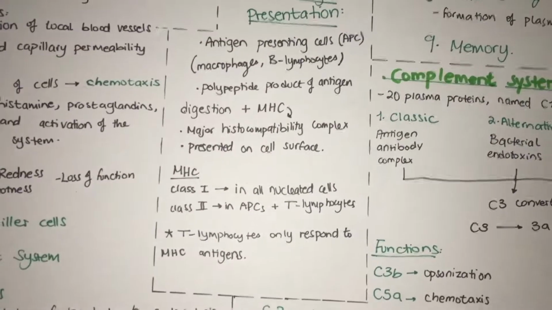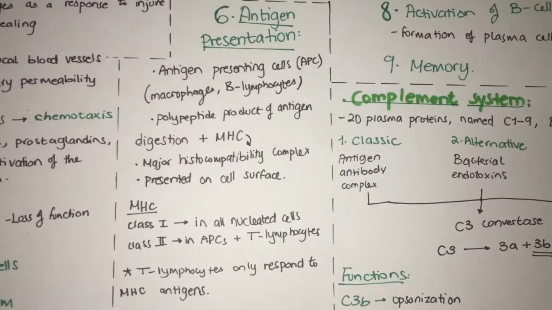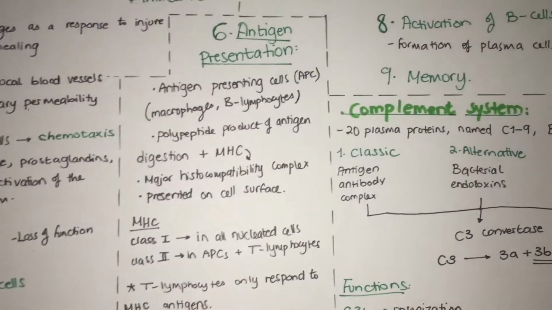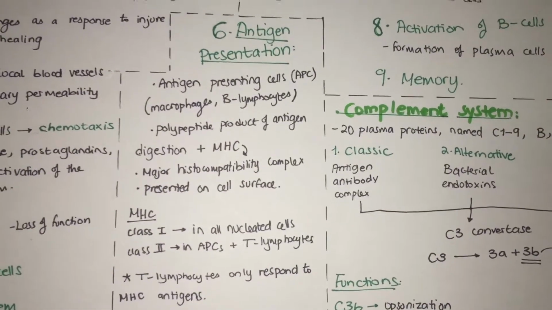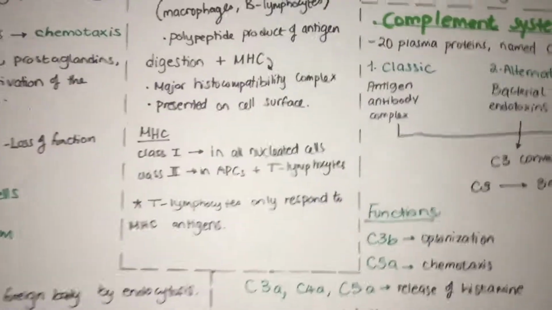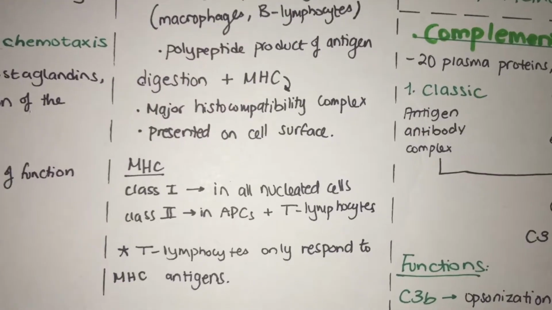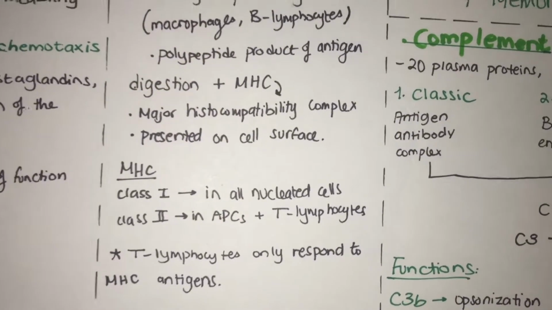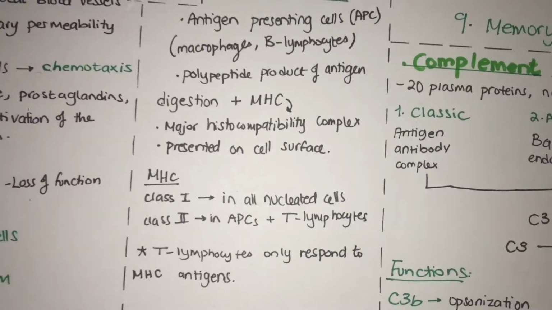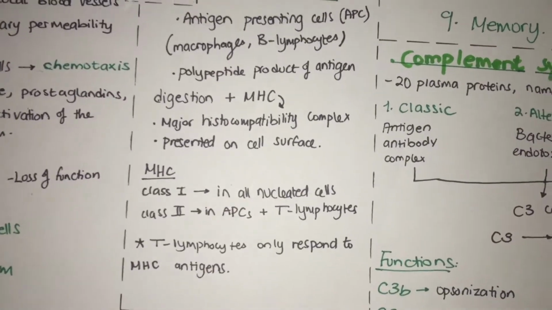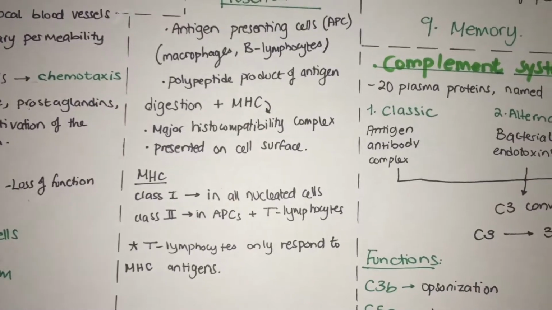Other cells also have the ability to present antigens, basically all nucleated cells. With the major histocompatibility complex, we've got two types. We have type 1, which is always found in all nucleated cells. Type 2 is only found in antigen presenting cells and T lymphocytes or T cells. T lymphocytes only respond to MHC antigens.